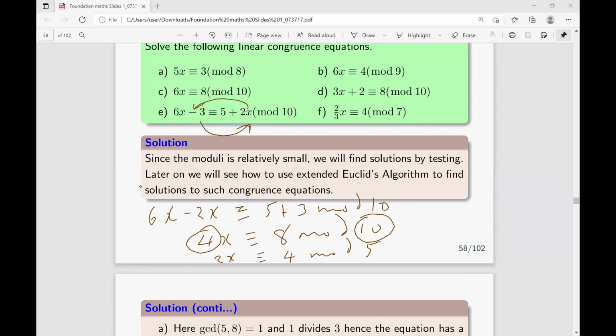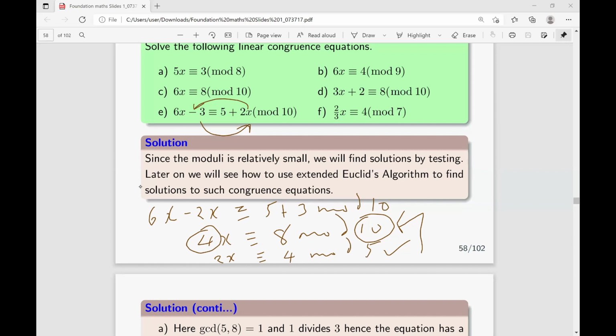So what normally happens is, once you solve this one at the bottom, you can generalize and get the solution for the original equation. I'll be showing you that as we progress.